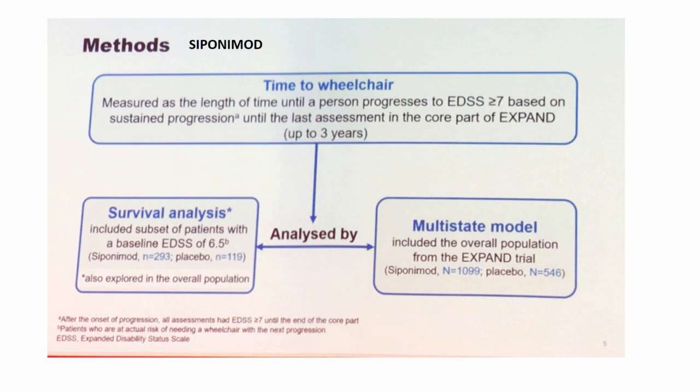The majority of our patients are walking in at that EDSS score, and what we're interested in is, can this drug prevent them from getting into a wheelchair? Siponimod, for those of you who haven't heard about it, is a drug which we call a sphingosine 1-phosphate modulator. It's related to fingolimod, which you might have heard of, but siponimod is now being licensed in the States for treatment of secondary progressive MS, isn't it?